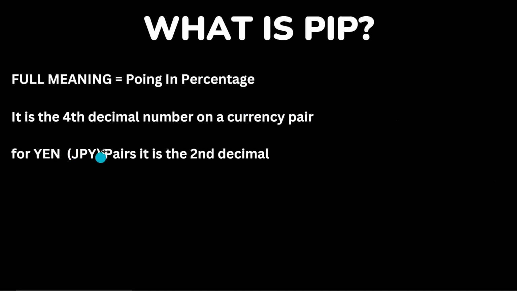And when it comes to the JPY pairs, the yen pairs, the way it is drawn is quite different. It's drawn like this because it's the second decimal, it's not the fourth on the JPY pair. So you will see something like, let's say, 120 points. Forgive my drawing. So this is 0, this is 0.